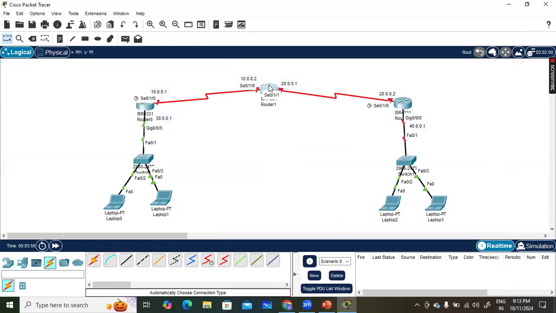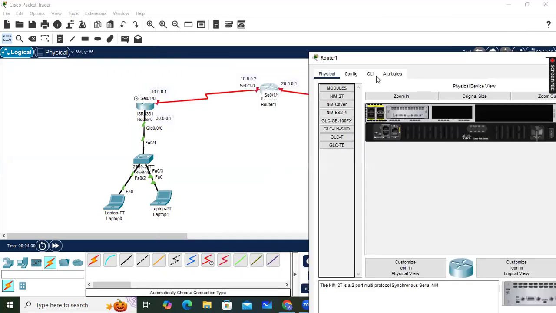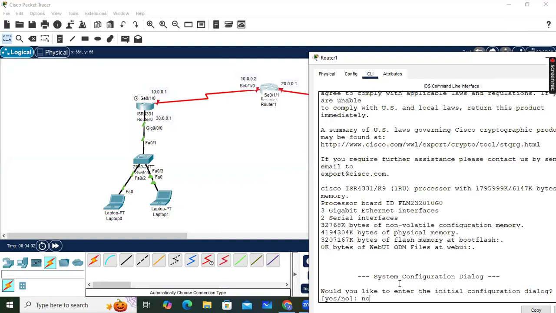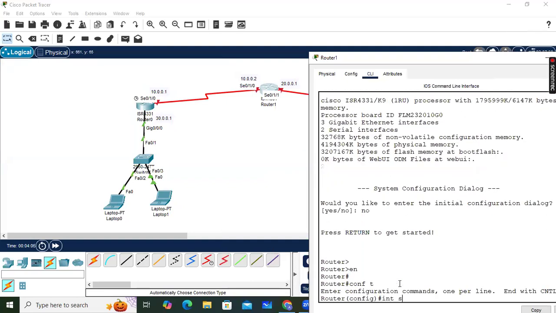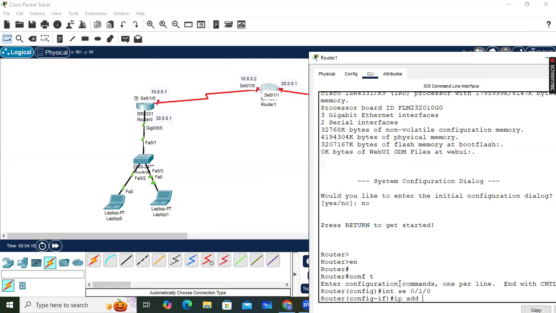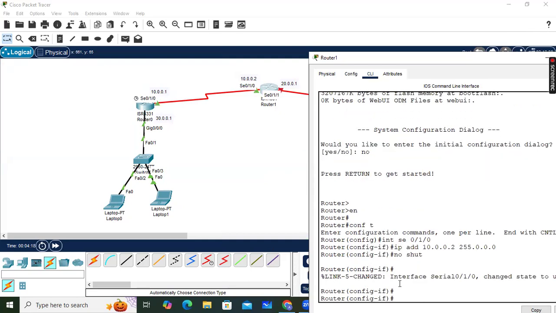Now go to router 2. CLI, no, enable, configure terminal, interface serial 0/1/0, enter, IP address 10.0.0.2 255.0.0.0, enter, no shut, and then exit.